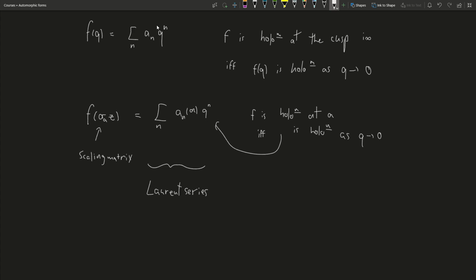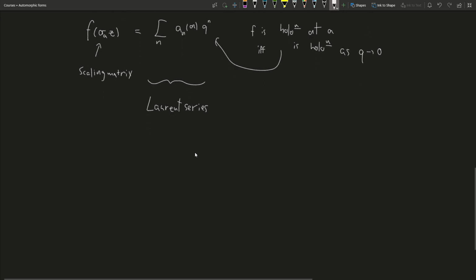So these ways of writing your modular form are often called q expansions of your modular form. So write the Laurent series expansion, and then if it doesn't have any poles, you are a holomorphic modular form.